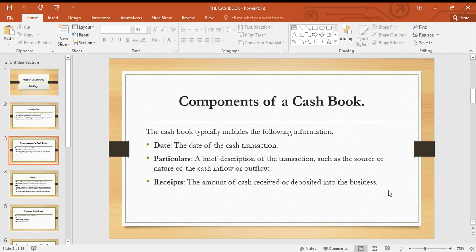Anyone who can see my screen? What I have shared? Oh, you can see my screen. Okay, so let me read for you.